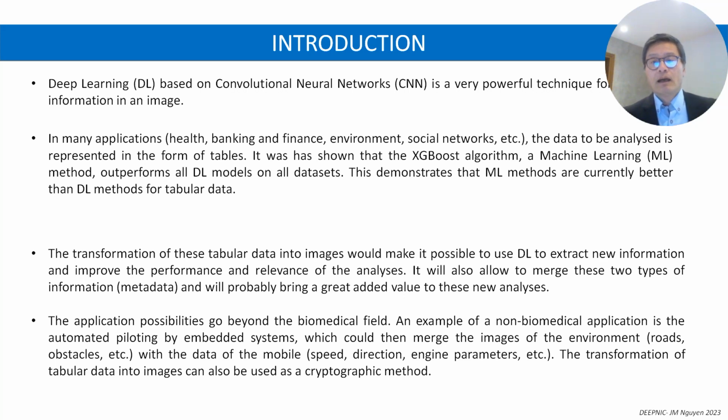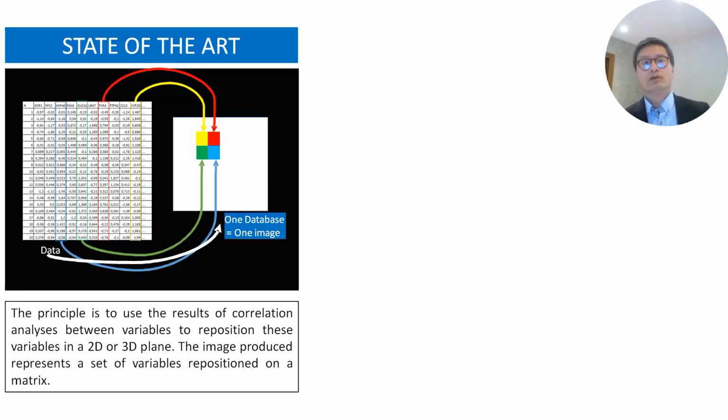If you ask the literature, there are many methods to transform tabular data into an image, and the last one was published by Alok Sharma, where this method named Deep Feature could transform a dataset into an image using the correlation between each variable.